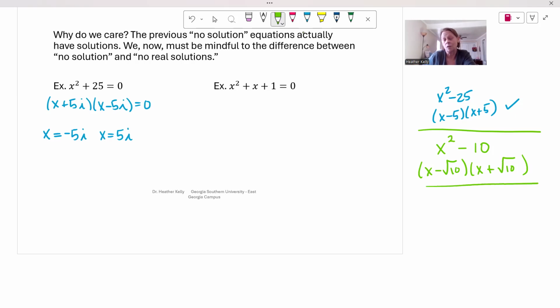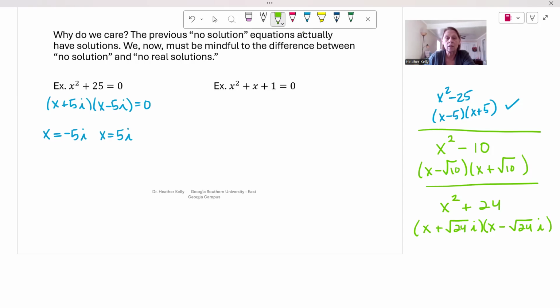And with that, just moving even forward, if we said we had x squared plus, let's see, 24, okay? That's going to be x plus the square root of 24i and x minus the square root of 24i.